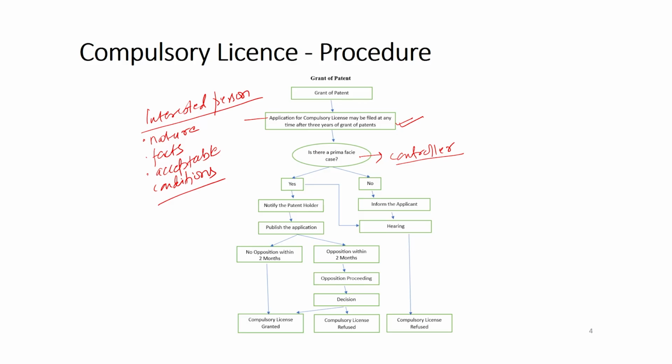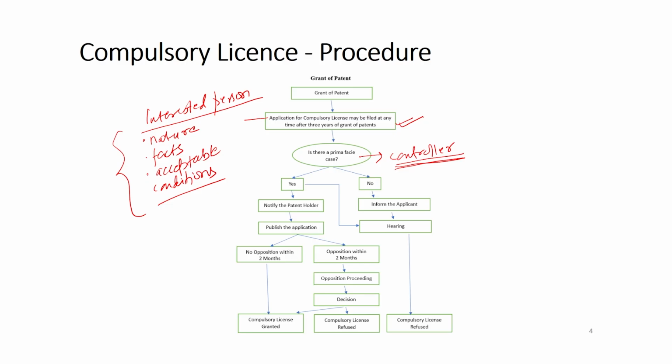So, the interested person who is going to file an application for compulsory license will have to explain the nature of his interest, facts in support and acceptable conditions. And on the basis of these, the controller has to make an opinion whether there exists a prima facie case for issuance of compulsory license or not.